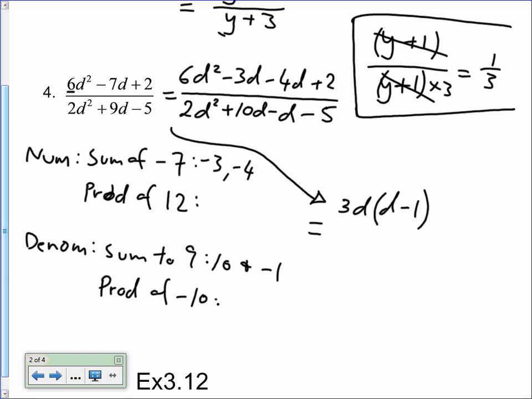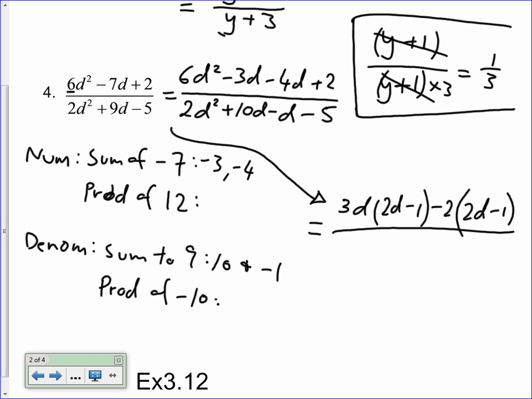For these two I'm going to take out a factor of minus 2, and I end up with 2d minus 1. So 3d, 2d minus 1, and then I take out minus 2, 2d minus 1.